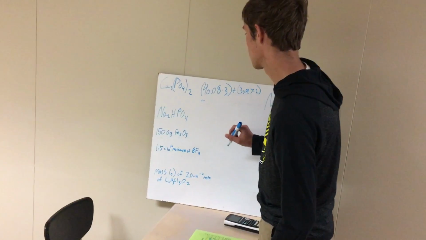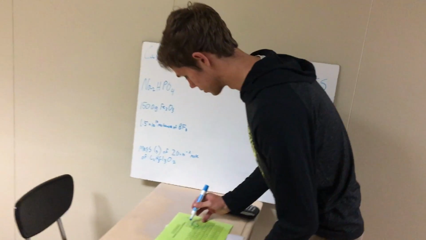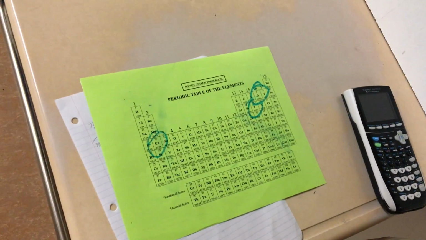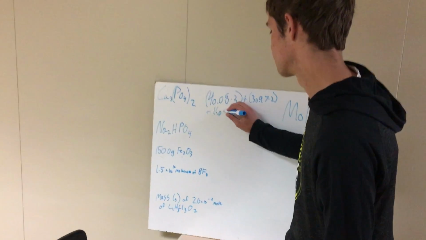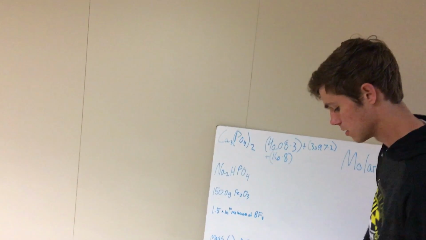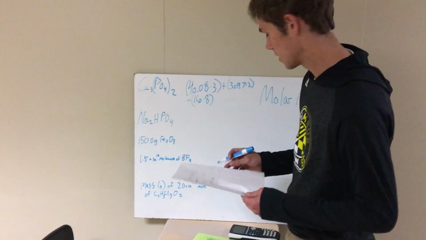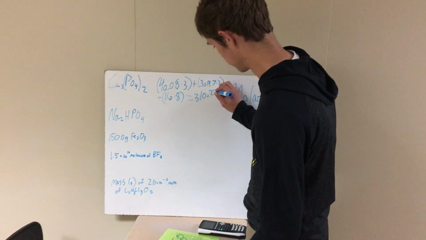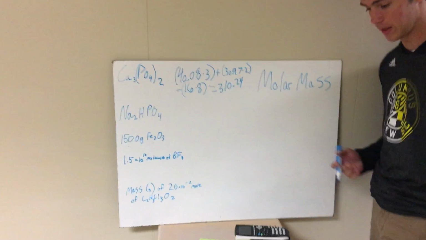Plus oxygen, which is right here, 16 times 8 because there are 8. And when I add those all up, I get an answer of 310.24.